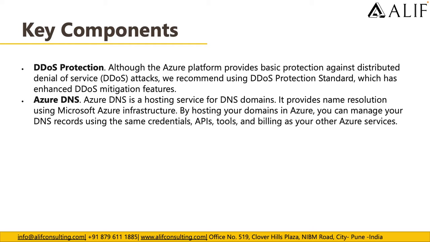The default DDoS plan integrated with the virtual network is the basic one, which is free of cost. If you really want more information about the DDoS or a higher level of protection, you need to go with the standard one.